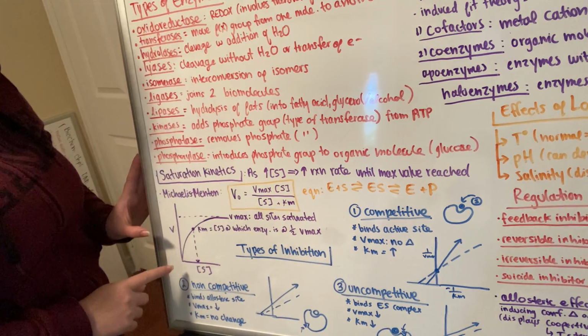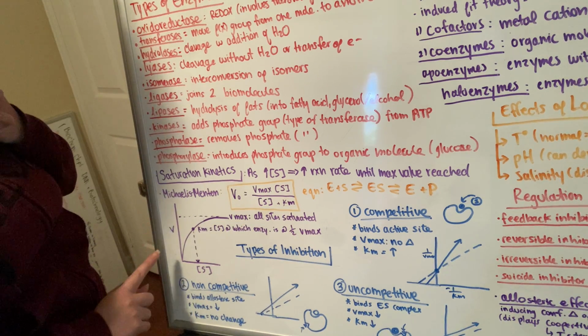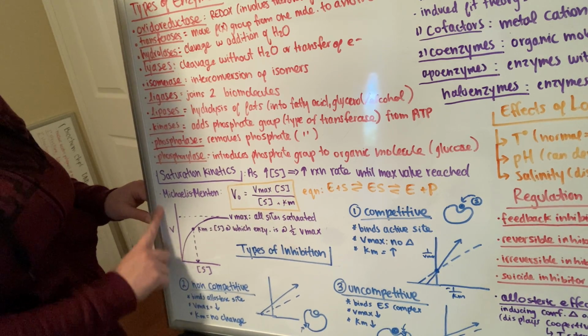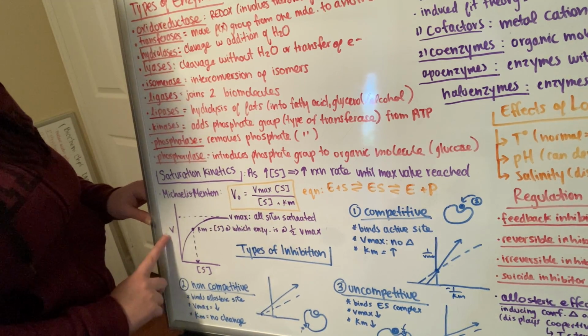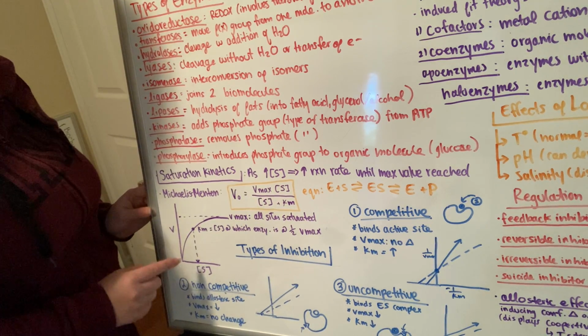If you look at this graph over here, this is a Michaelis-Menten plot. This is the velocity, and S in these brackets means substrate concentration.